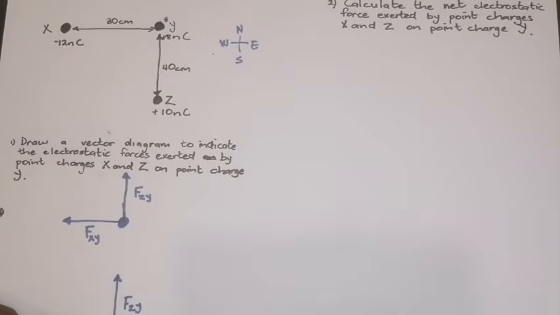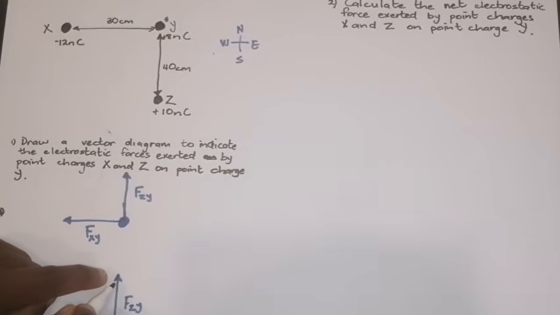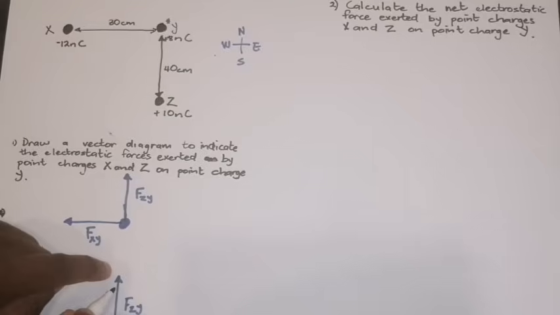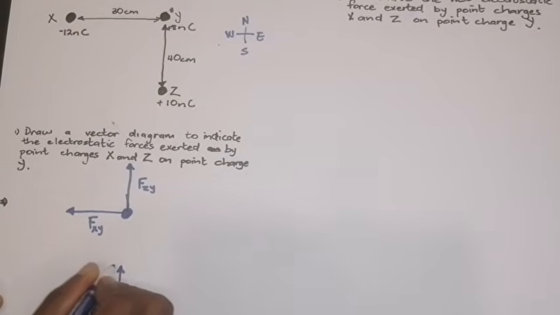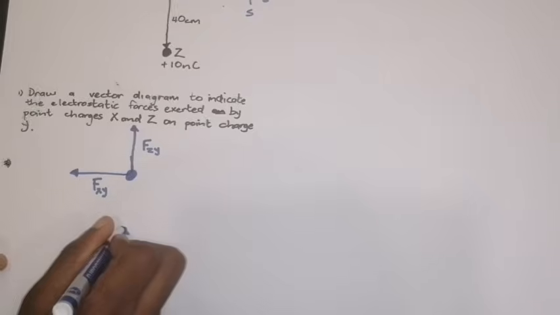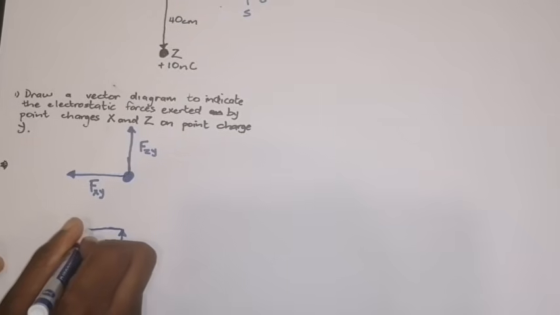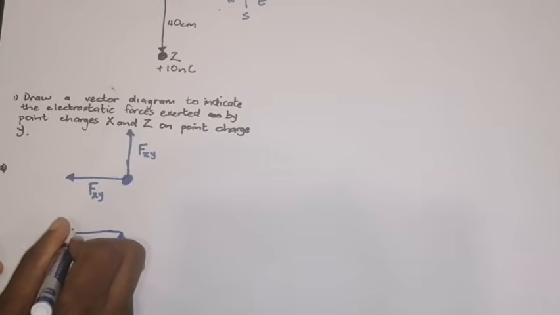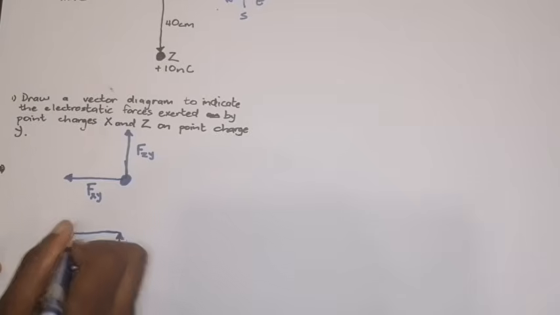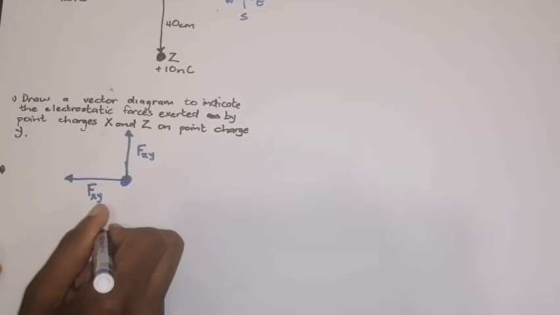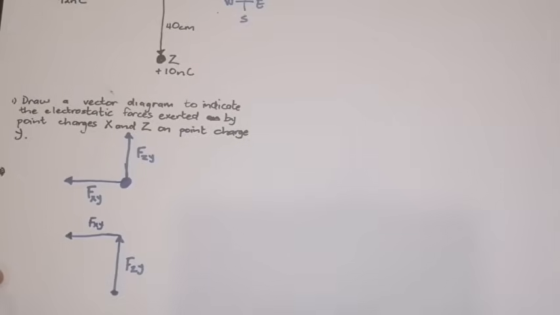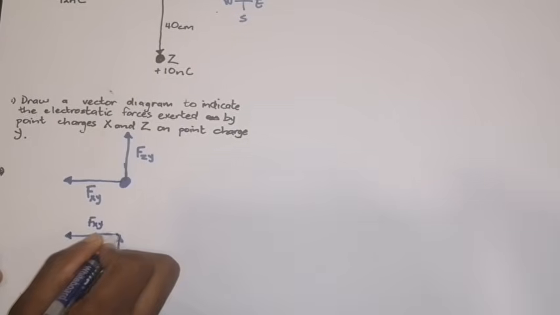Now, I'm going to draw the tail of FXY at the head of FZY. So it would be something that looks more or less like this. I'm not using a ruler, so please apologies if my lines look a little bit clumsy.